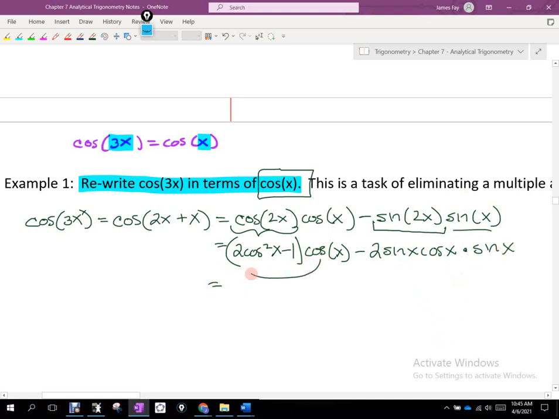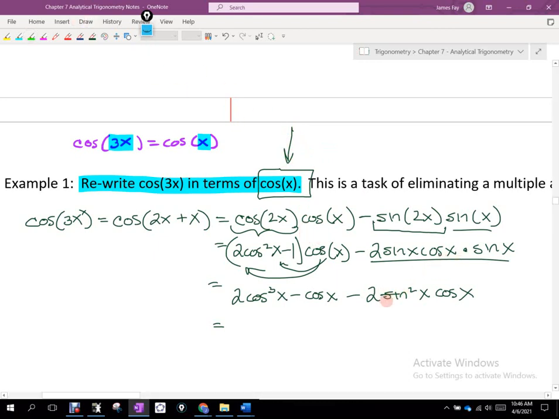Would you guys agree I can distribute that cosine right there? So it gives me 2 cosine cubed x minus cosine x. When I multiply these together, it's going to give me minus 2 sine squared x cosine x. Now think about what our overall problem was. Get it down so it's just cosine of 1x.